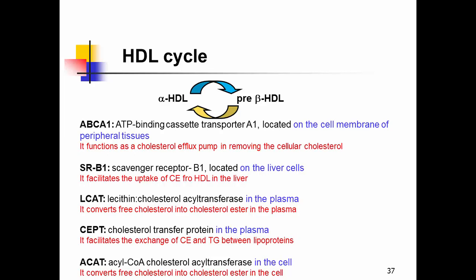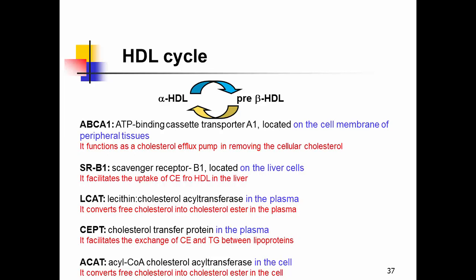The third one is called LCAT. LCAT is lecithin cholesterol acyltransferase, and it is present in the plasma. Its function is to convert free cholesterol into cholesterol ester in the alpha HDL in the plasma.